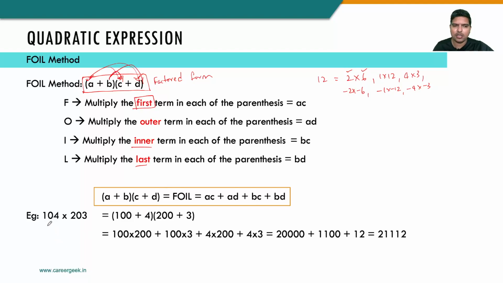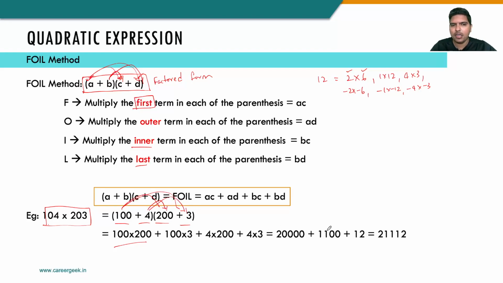So in this case, if you want to multiply 104 into 203, you can split 104 as 100 plus 4 and 203 as 200 plus 3. FOIL: F first, O outer, 100 into 3, I inner, 4 into 200, sorry, and L, 4 into 3.